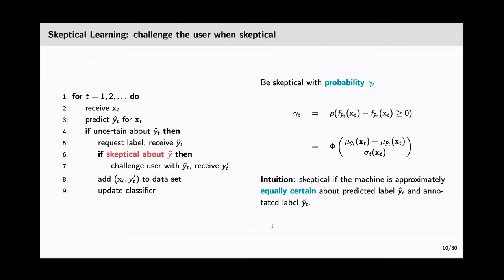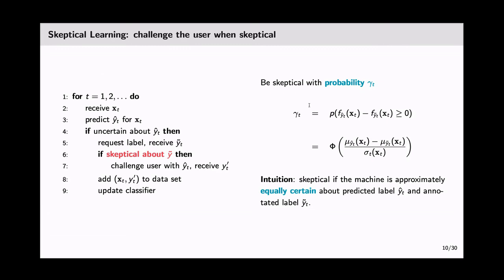In that case, if the difference between the two probabilities is low, the probability of contradicting the user is lower, because the machine is not certain about its prediction.